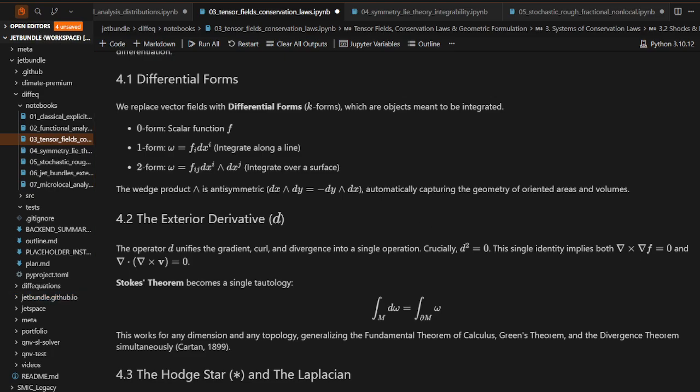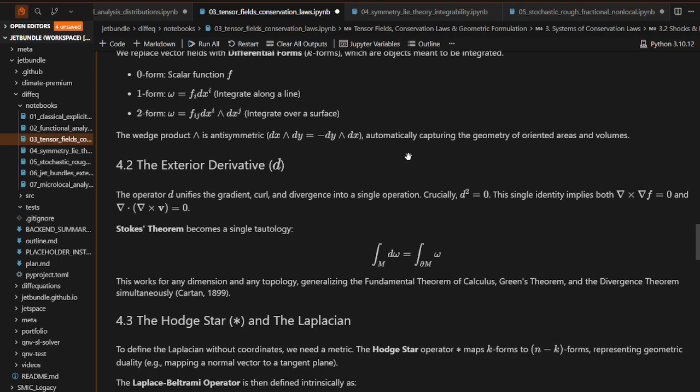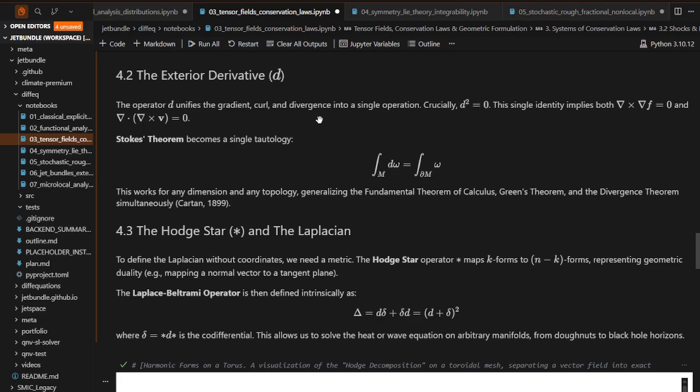And what we can also do by constructing the differential forms, which we go over extensively in my previous series on invariance and algebra, is the exterior derivative, d. This simple d will just unify gradient, curl, and divergence all into a single operation, okay? And crucially, d squared is equal to 0.